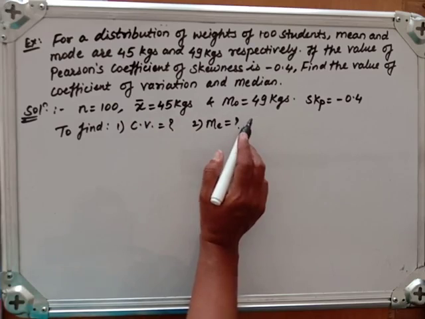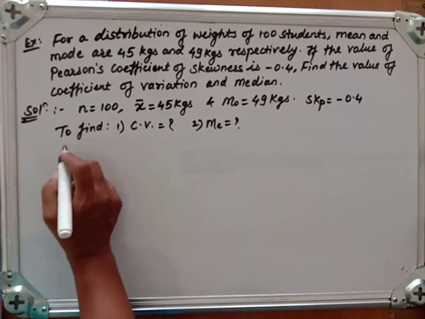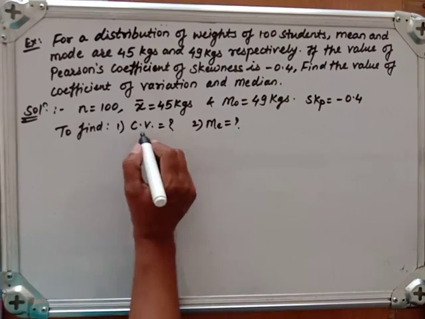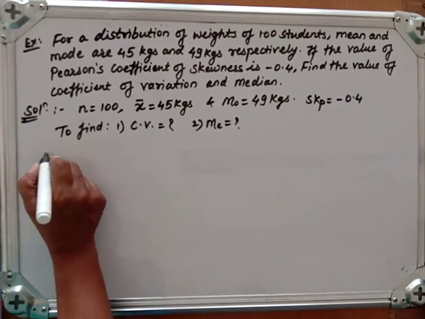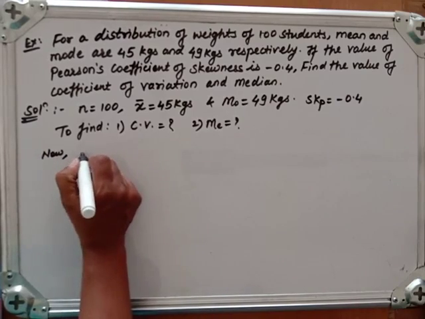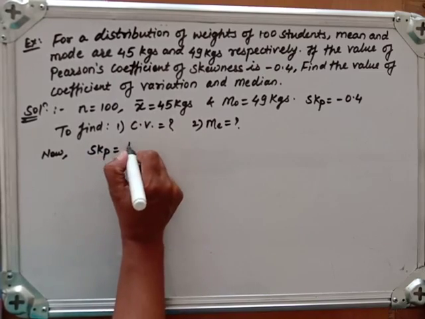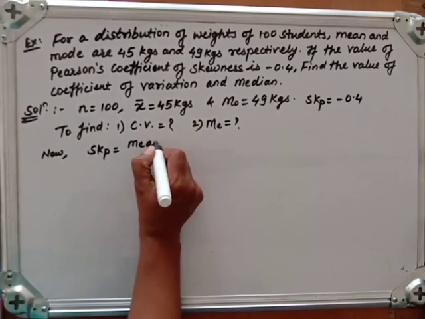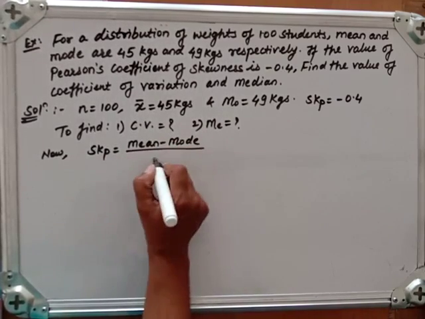From that we can determine easily the median of it. So let us find out first the coefficient of variation, later on let us go for the median. Okay. So now this coefficient of skewness is mean minus mode upon standard deviation.